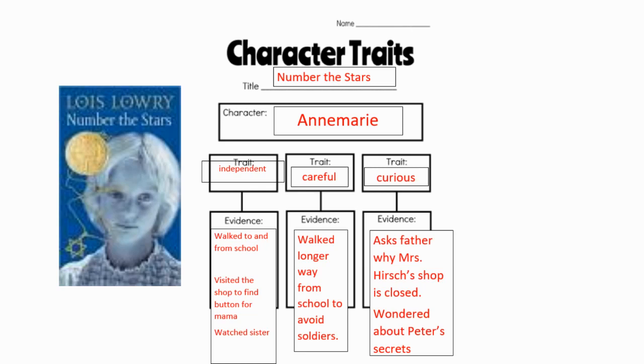She's always asking her father why Mrs. Hirsch's shop is closed. She's wondering about Peter's secrets. She starts to think like a detective, where she wants to piece together clues and details of things that she's learning about when she's overhearing her parents talk. And she's really trying to put together all those clues because she is so curious.